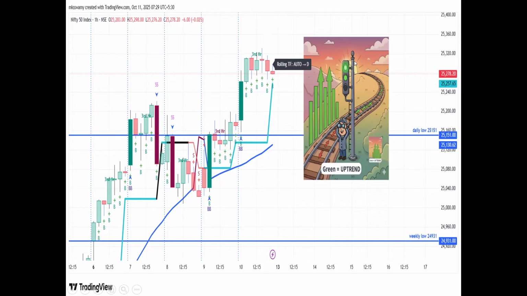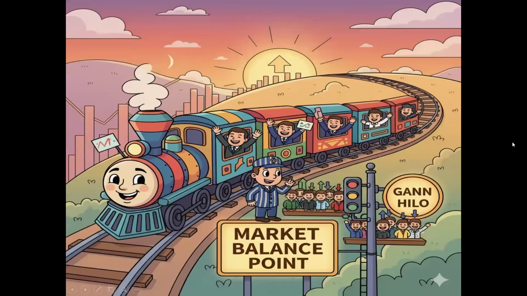So both the signals are green. For you to enter into a trade, the track signal as well as the Gann Hilo signal should be green. Then only you are entering into the trade. At one point in time, the market balances.